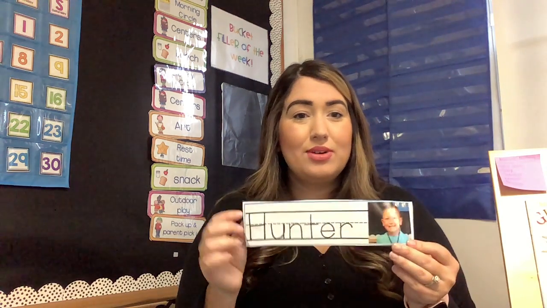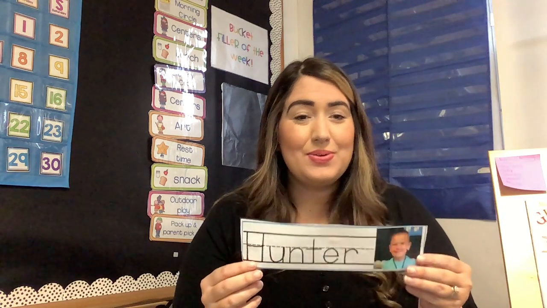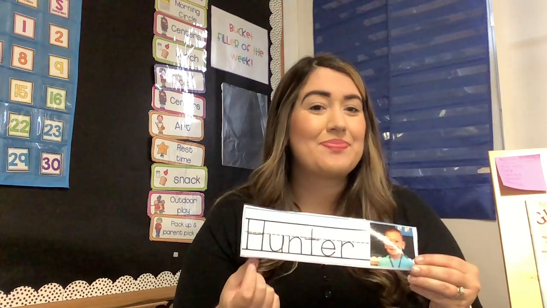And Hazley, do you remember this letter? It's the letter H. Good morning, Hazley. Good morning to you, and how do you do? Good morning to Hunter. Good morning to you. Hunter, yours is the same as Hazley. What is it? The letter H.